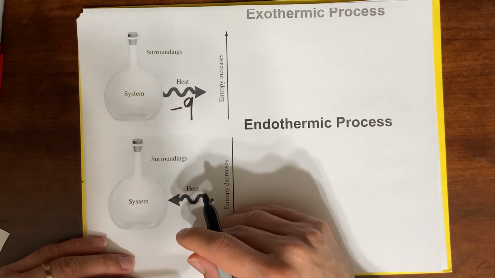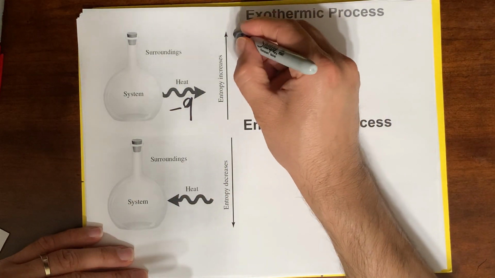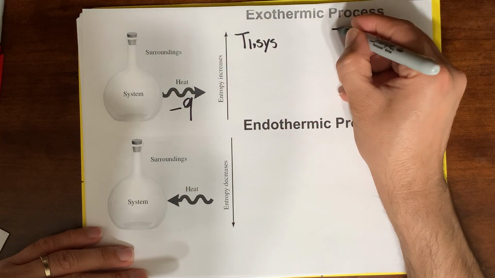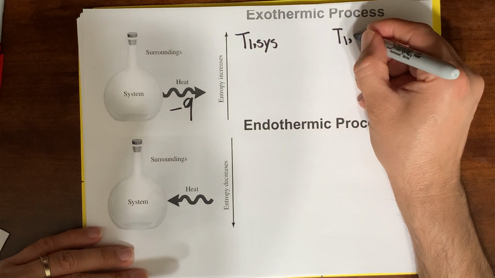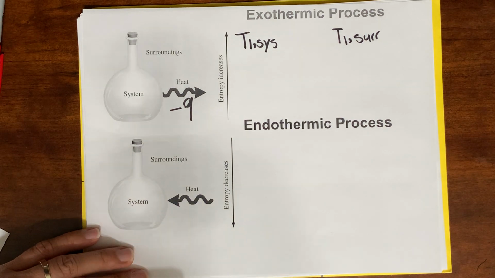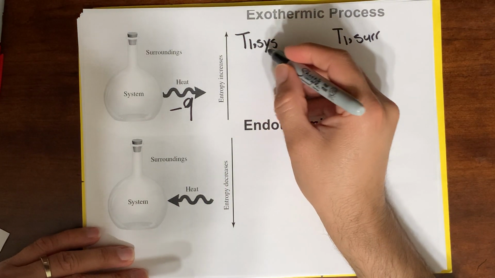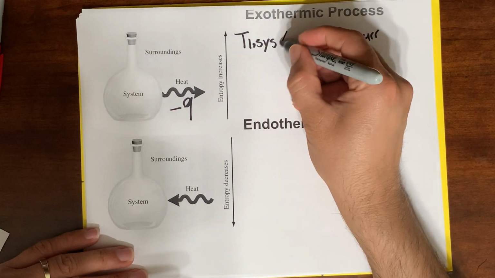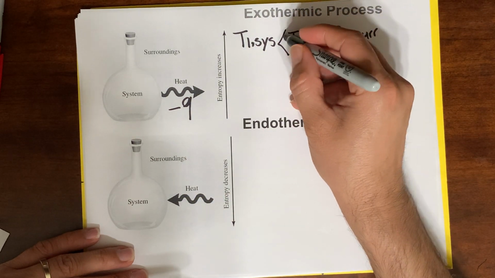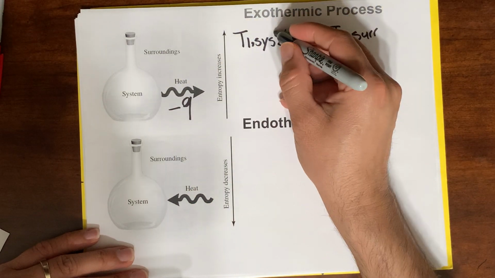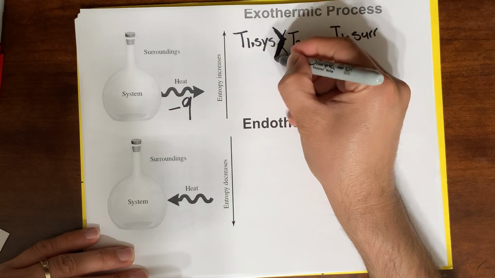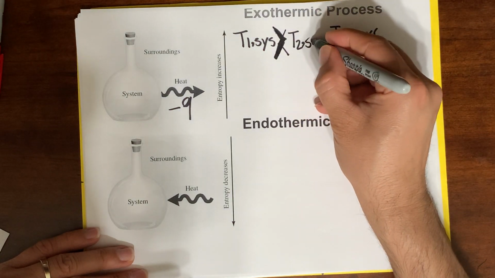Heat is going outside. So if you say here, T1 of the system, T1 of surrounding. T1 of the system is going to be higher than T2 of the system, because it's exothermic.